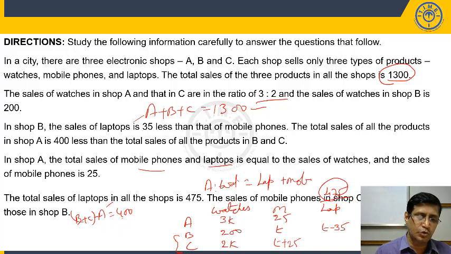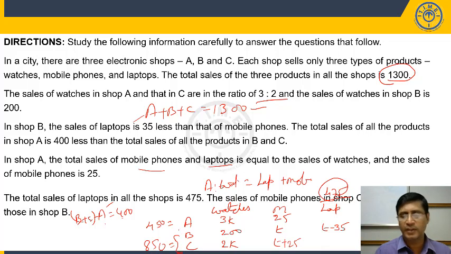Solving these two, we can find the value of B and C. A and A get cancelled. So B plus C is equal to 1700 by 2, which is 850. 850 is B and C, so what about the remaining A? A is 400 less, so it is 450.